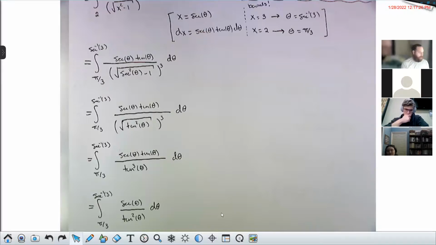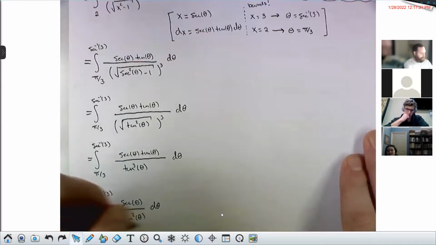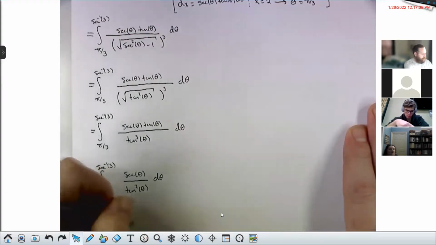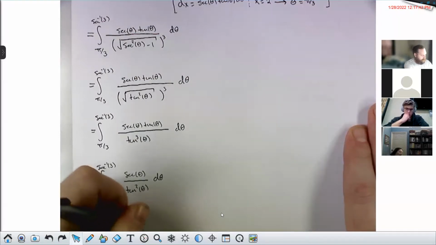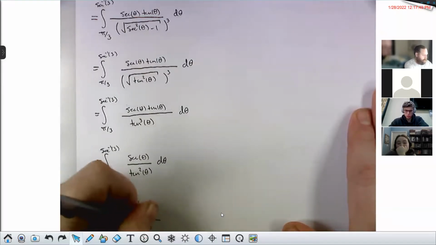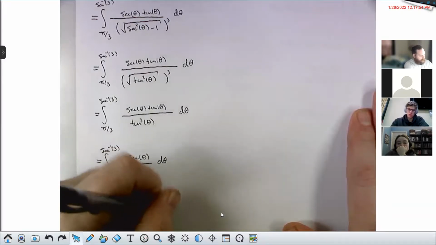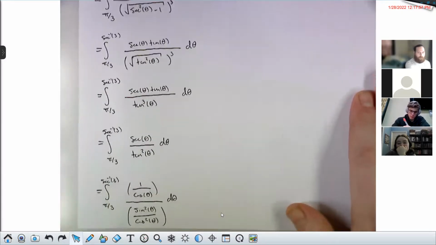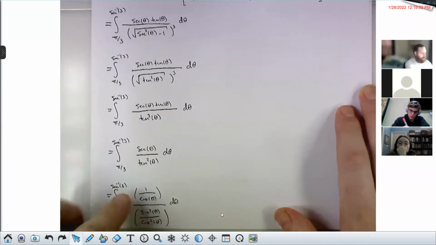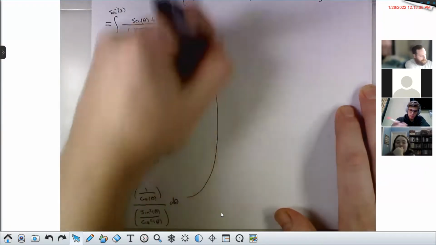When in doubt, rewrite as sines and cosines. So that's the integral from pi over 3 to the inverse secant of 3. Secant is 1 over cosine. Tangent squared is sine squared over cos squared. So let's start with this. I leave the top alone, flip and multiply the bottom.